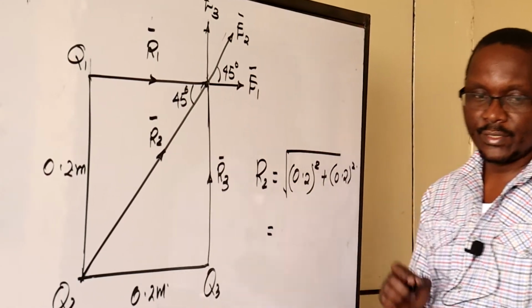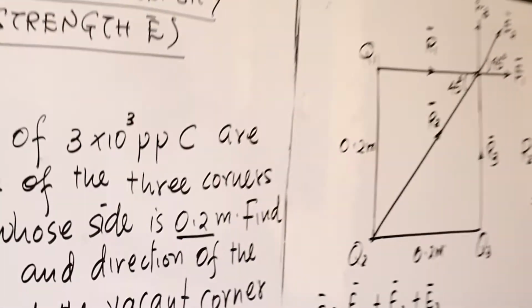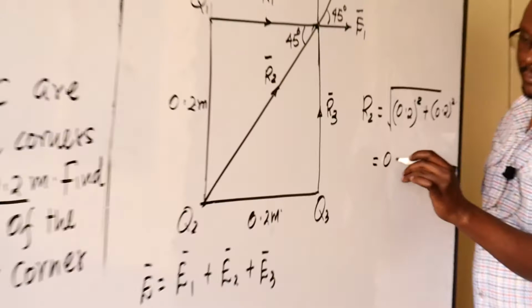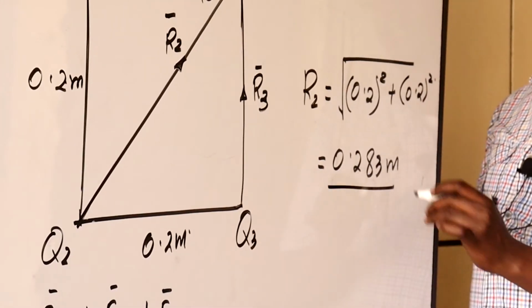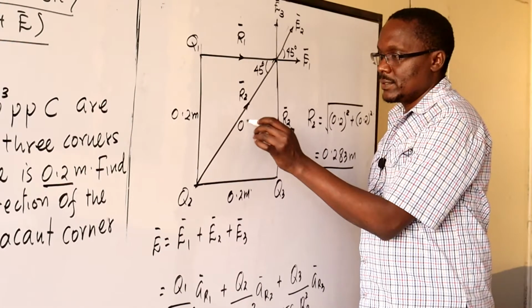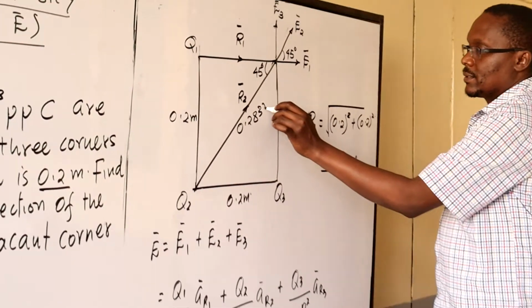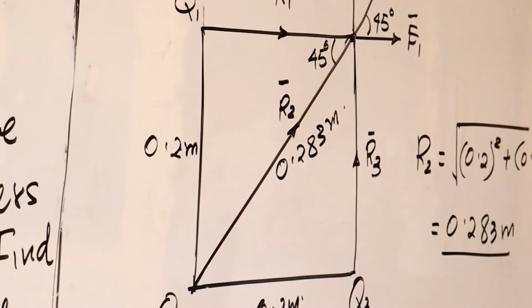And if you punch that into your calculator, you'll find that root to be 0.283 meters. So we have our distance here as 0.283 meters.